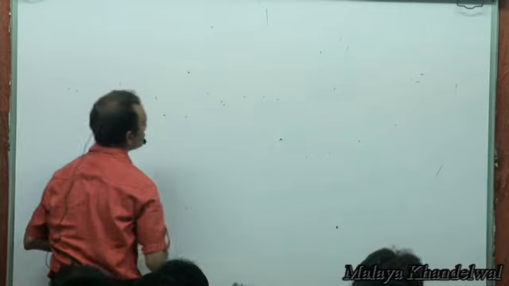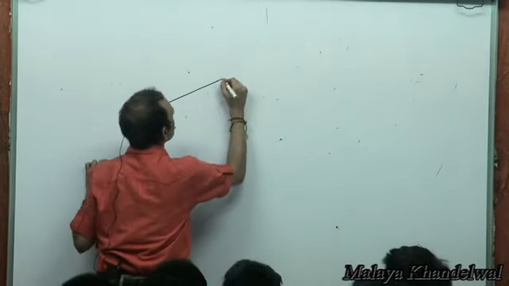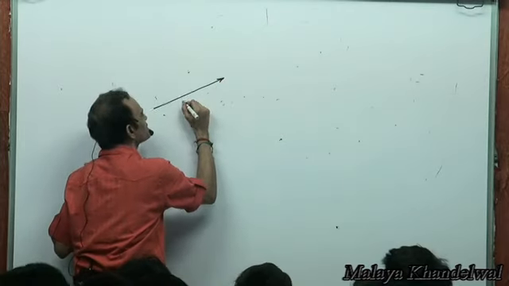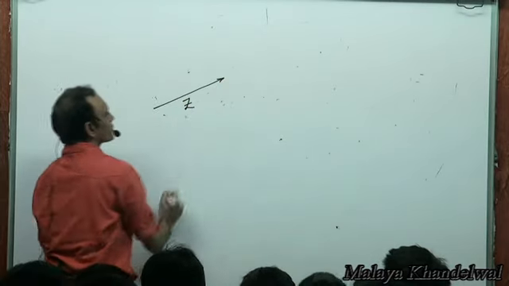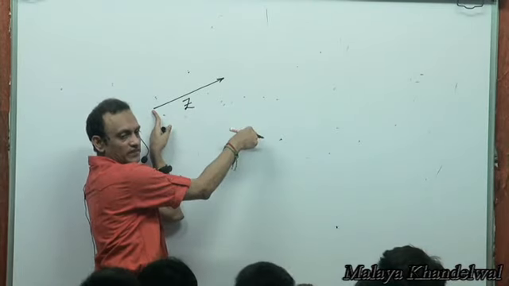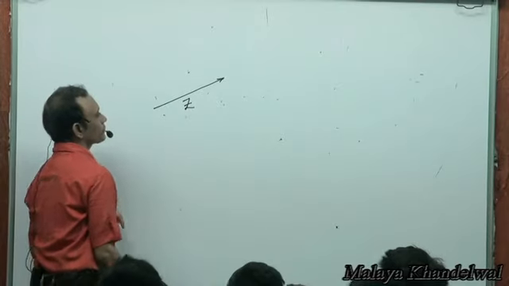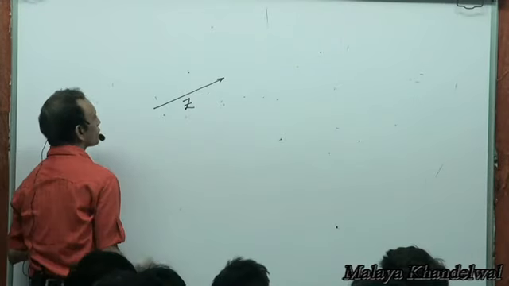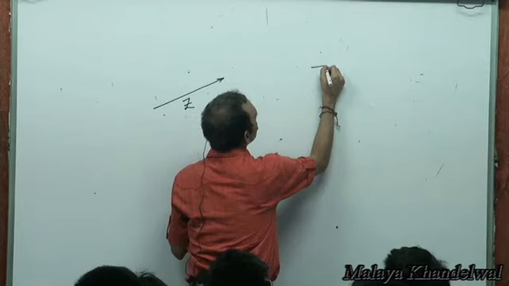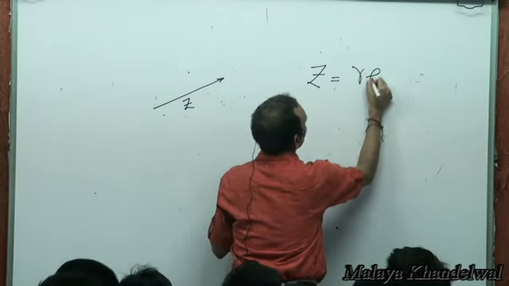Now, say there is a certain vector z. This will represent mod z. The angle that this makes with the positive direction of the x-axis will give me argument z, right? And say z is r e power i theta.